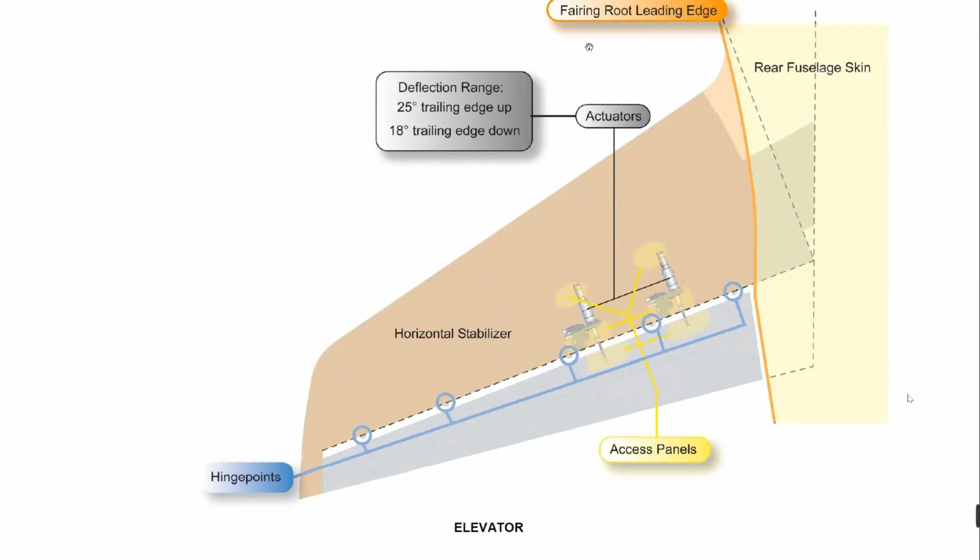Five hinges are the attachments of the elevator to the rear spar of the horizontal stabilizer. We have some specific locations to install the actuators, and we have, as I said, these fairings here, which are to improve the aerodynamics.